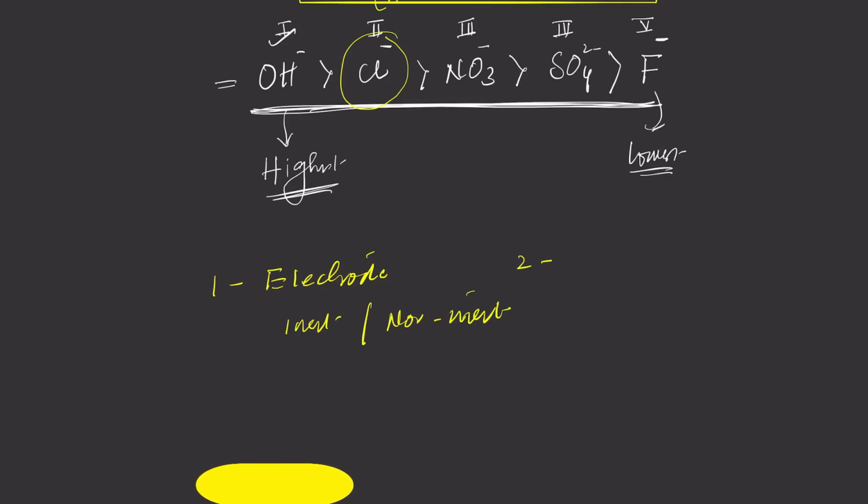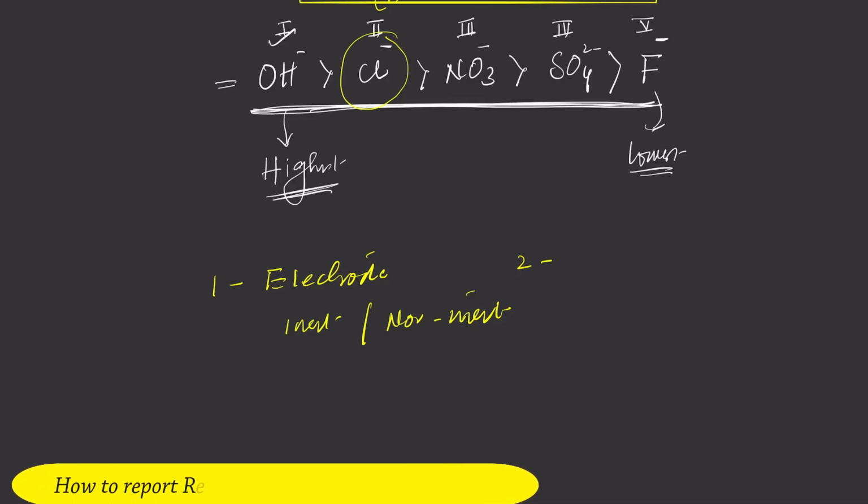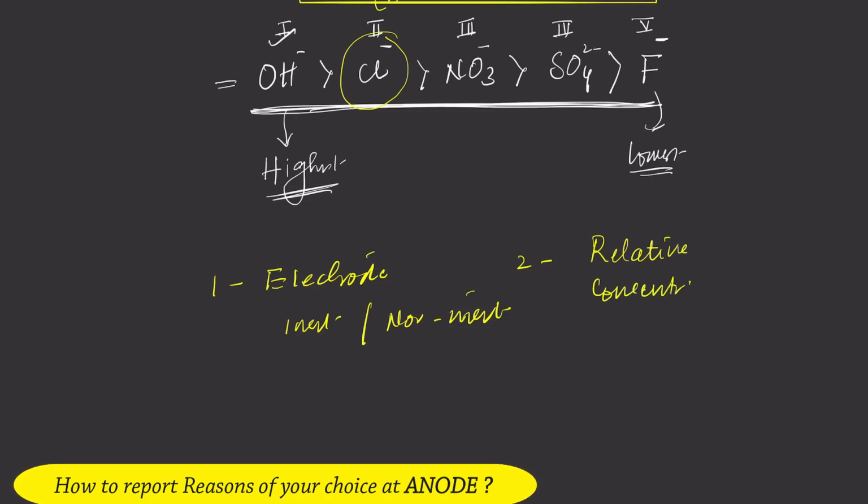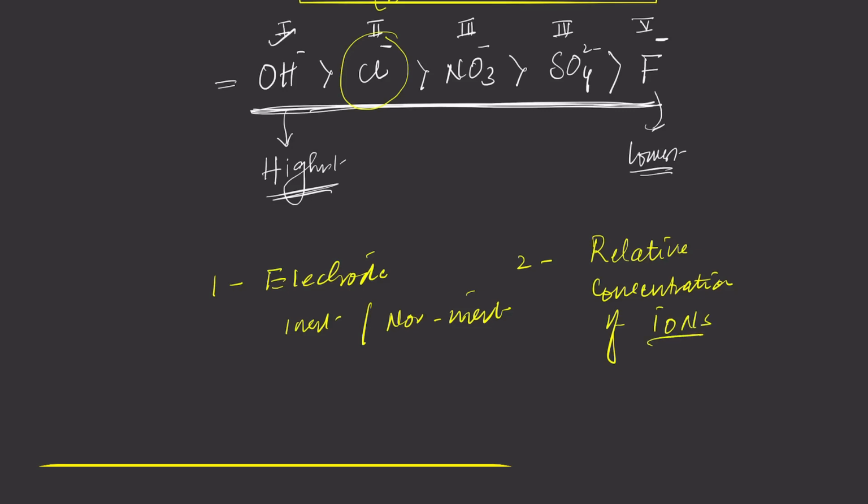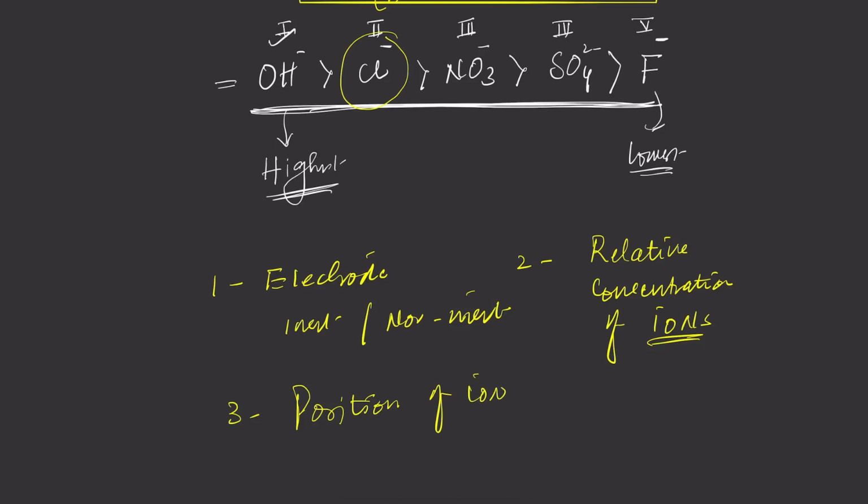The second one is the relative concentration of the different ions, of the competitor ions. And the third one is the position of the ion in the electrochemical series. This one.